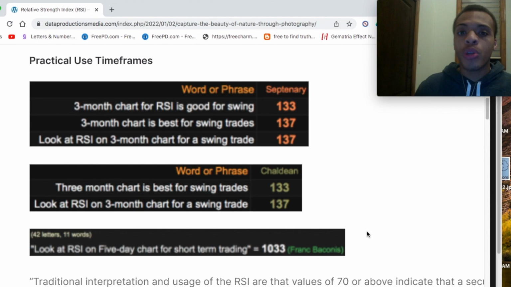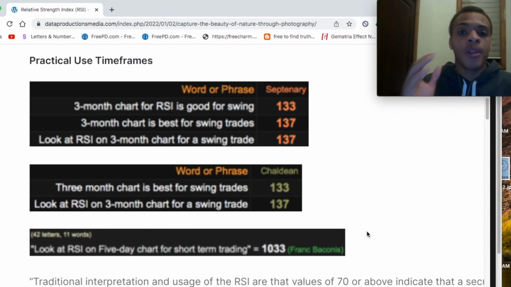Now to practical use time frames. Now, you can use the RSI for any time frame, whether it's day trading all the way up to long-term investing. All right, when you buy or sell in a stock, equity, any other asset, that's when you become a trader. So we all become traders at one point.